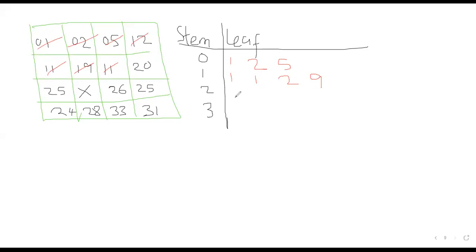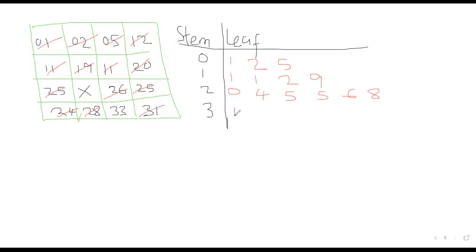Then on the twos we have what? 20, which is 0. Then 24, 4. Then 5, 5, 5, then 6, 6, and lastly 8.